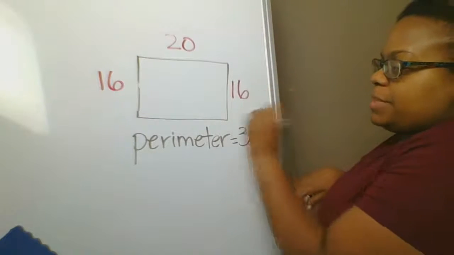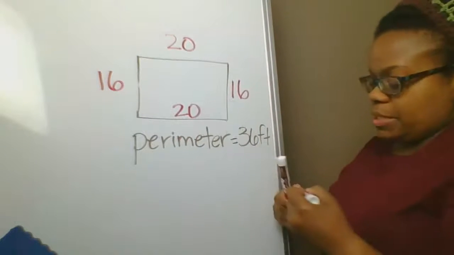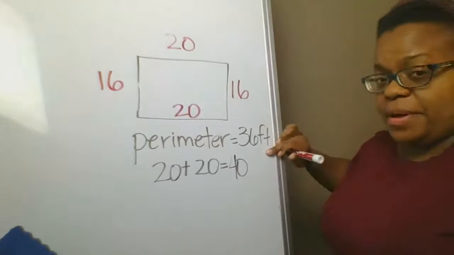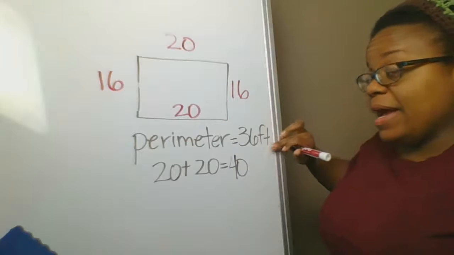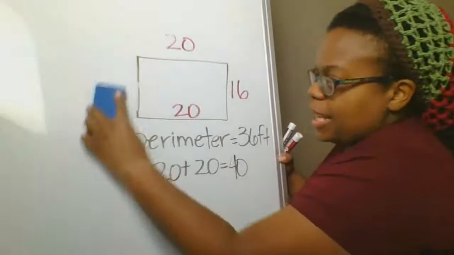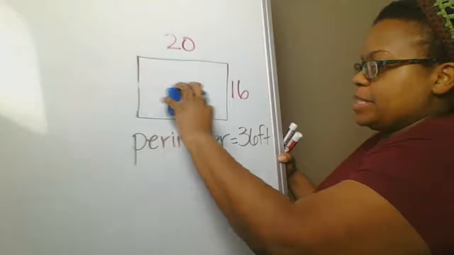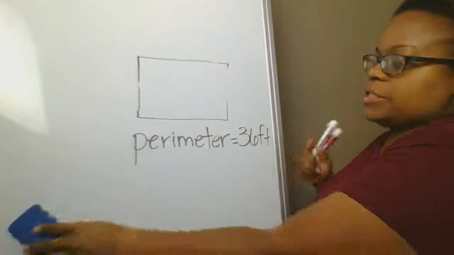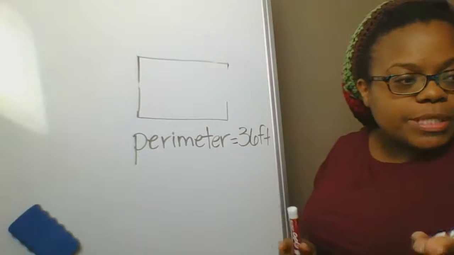So this has to be a number. This has to be a number. So let's see. If I add up all that, the number is too big. I'm trying to get to 36. So I know that the first option isn't correct because that's not going to get me to my 36. So let's look at answer choice B.